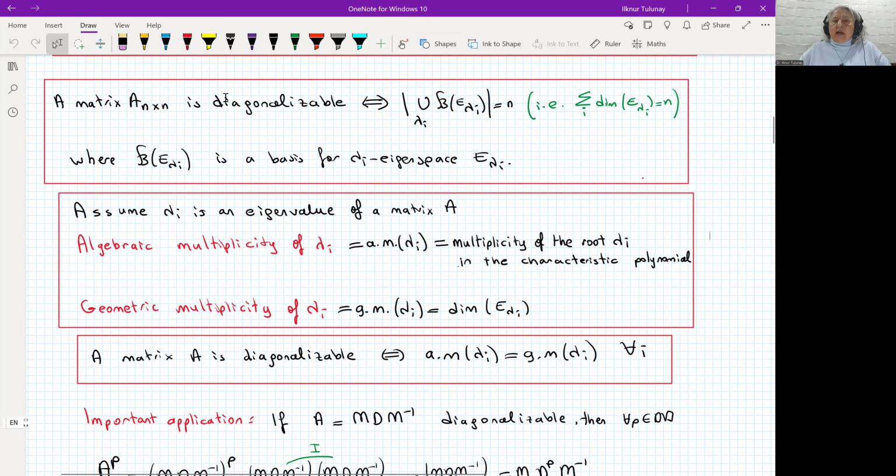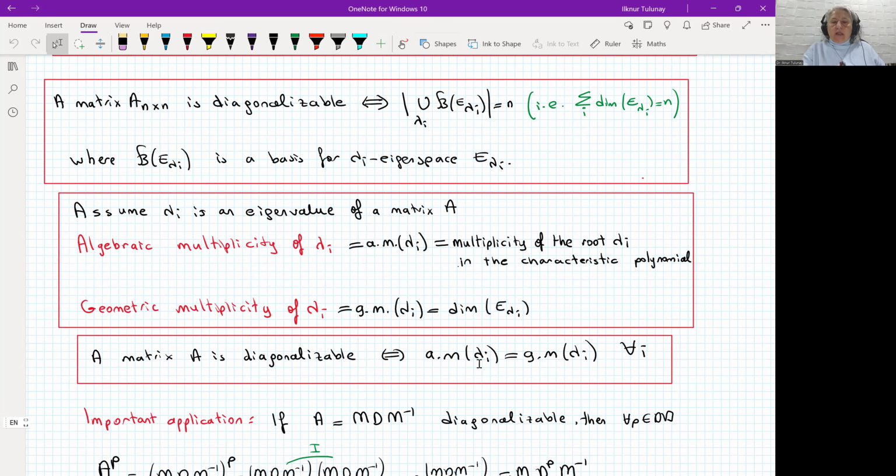So if the bases of all the eigenspaces of the matrix give you the basis of the whole space, then you're done. The criterion for this is much simpler to check, right? If the algebraic multiplicity is equal to the geometric multiplicity for each eigenvalue, then A is diagonalizable.